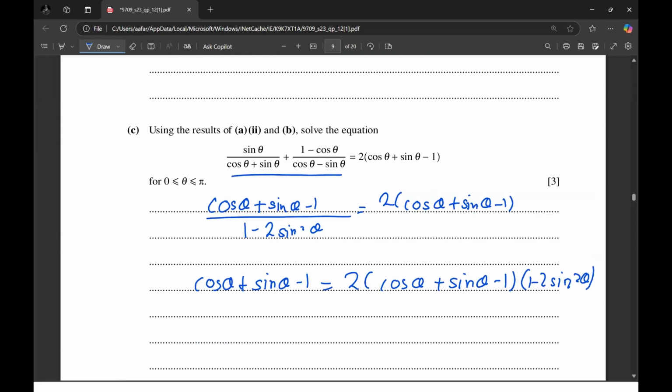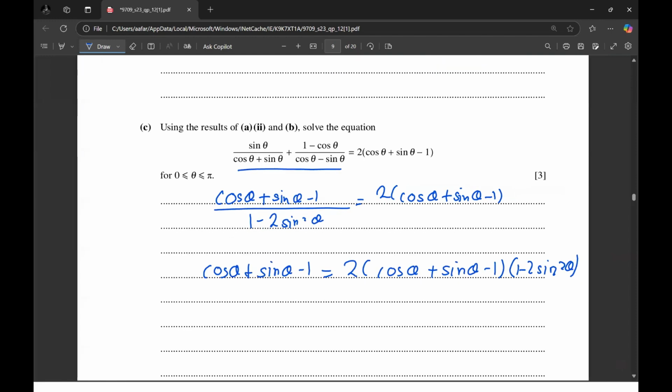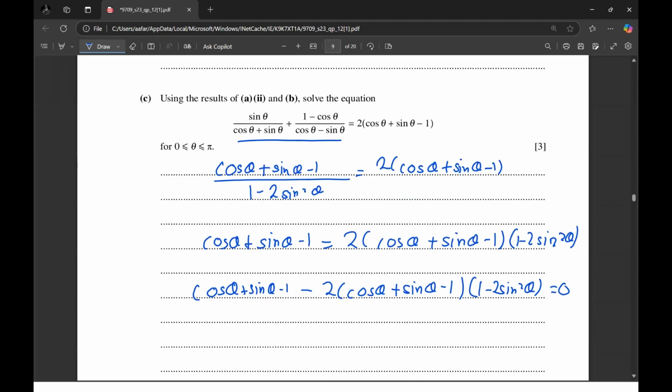So the way to solve this is we need to have a 0 on one side. Even if we divide both sides of the equation, we won't get a 0, we will get a 1. So the only way is to subtract it from either side. So we get cos theta plus sin theta minus 1 minus 2 times cos theta plus sin theta minus 1 times 1 minus 2 sin square theta equal to 0.